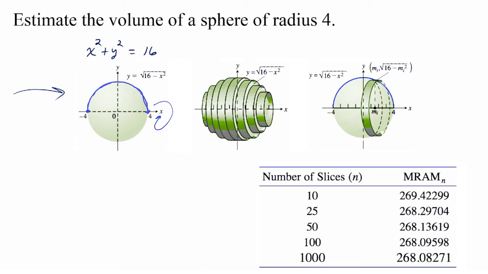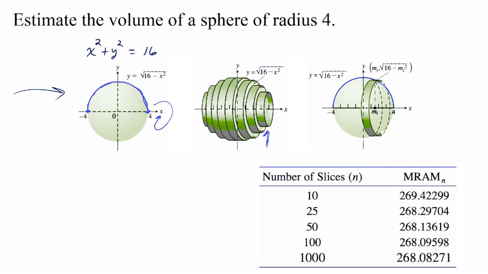of radius 4. Now imagine taking that sphere and dividing it up into equal subpartitions. In the last problem, we were dividing area up into rectangles. Here we're dividing volume up into cylinders.